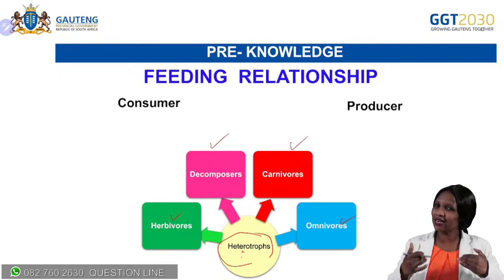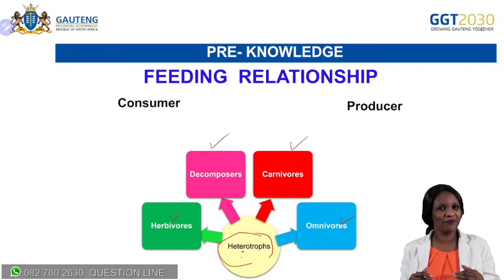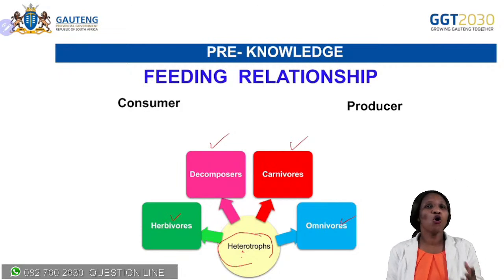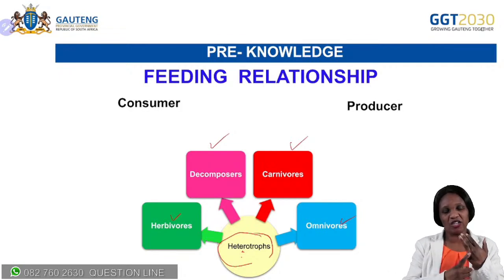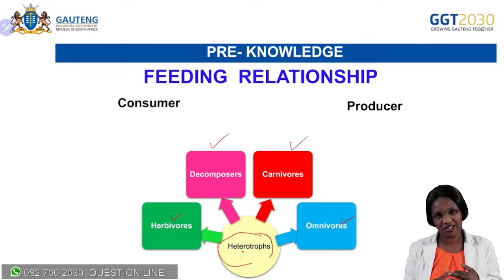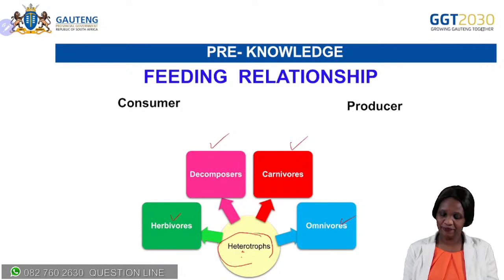It recycles the nutrients back into the soil. Do you get that? Good. Therefore, the decomposers are very important. For example, we've got bacteria, fungi, even mold. All right. All these are decomposers. Do you get that? Let's move on.